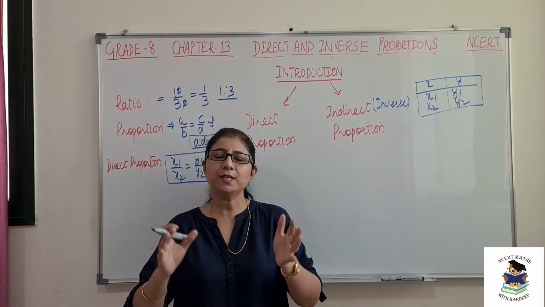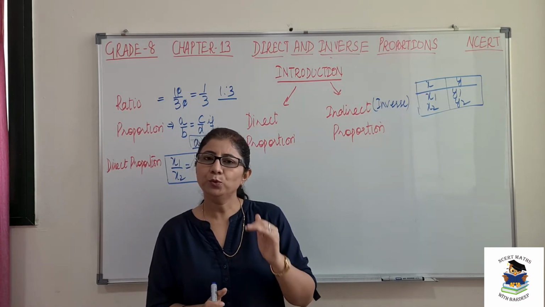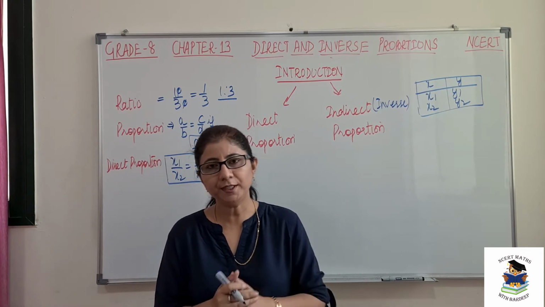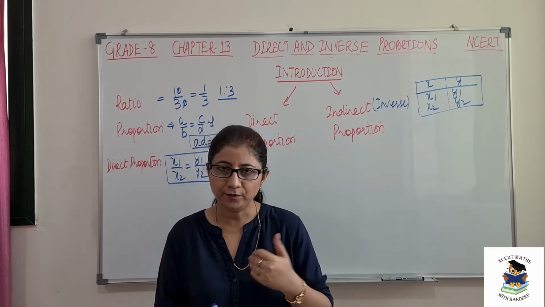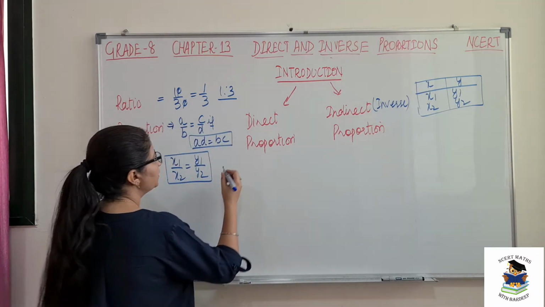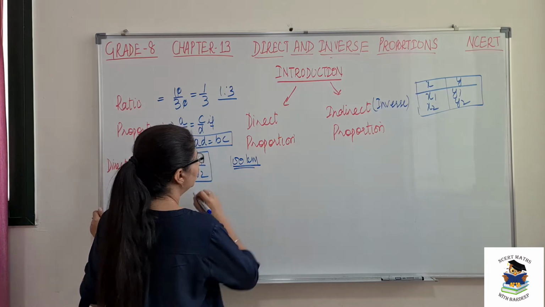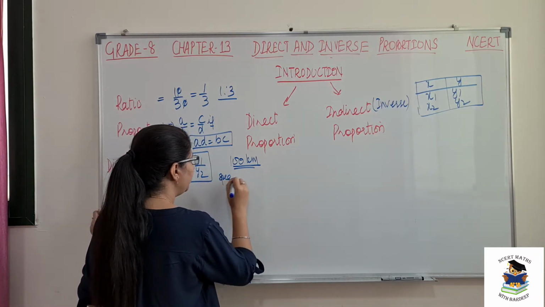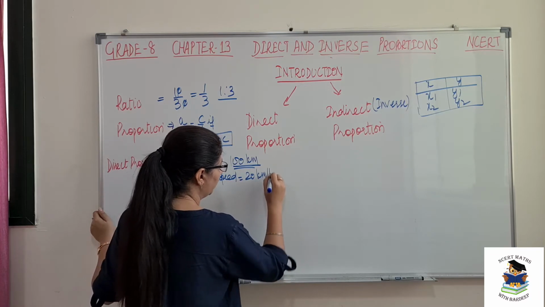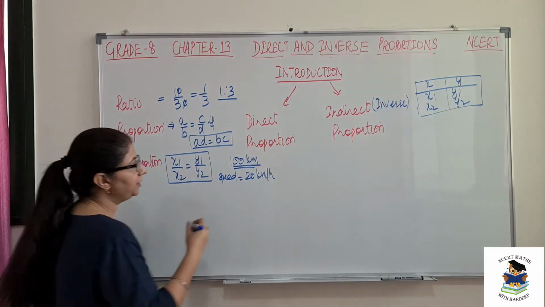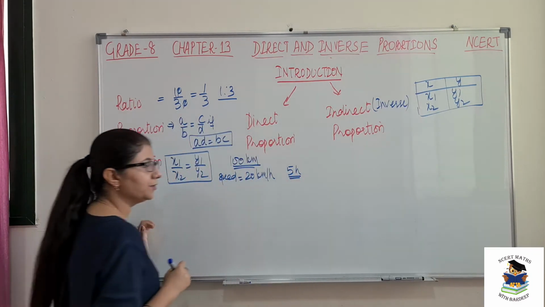First one is, suppose I have to cover 100 kilometers, and if I am moving with a speed of 20 kilometers per hour, that means I will take 5 hours. Let's write it. Suppose distance is fixed, that is 100 kilometers. If your speed is 20 kilometers per hour, then how much time will we take? That is 100 by 20, so this means 5 hours.